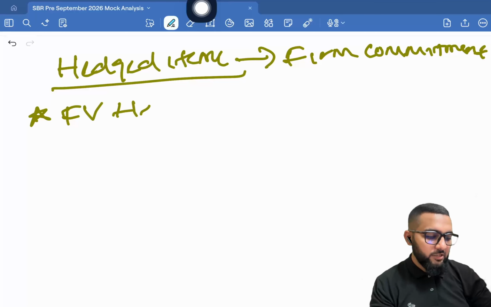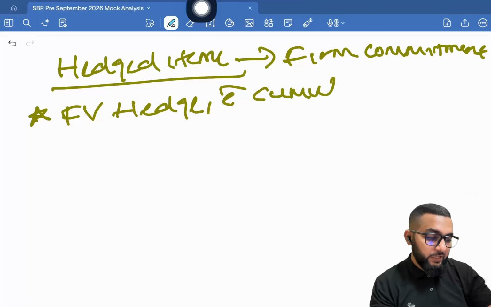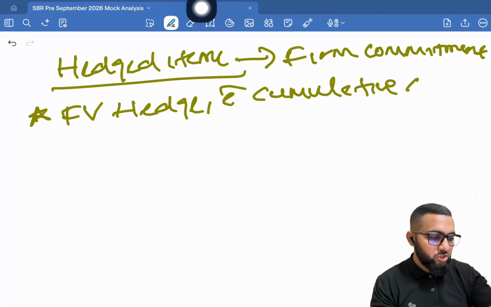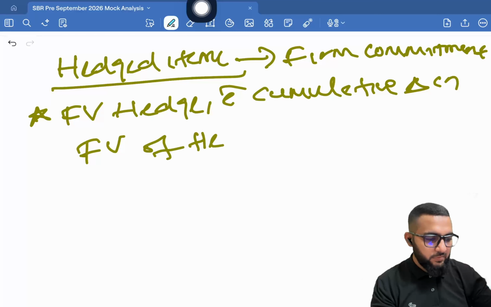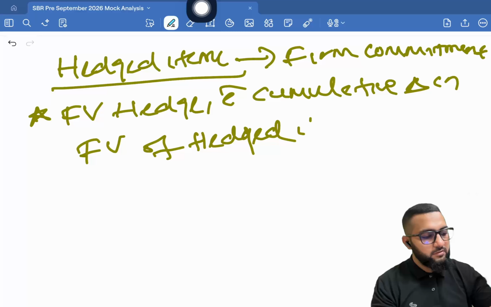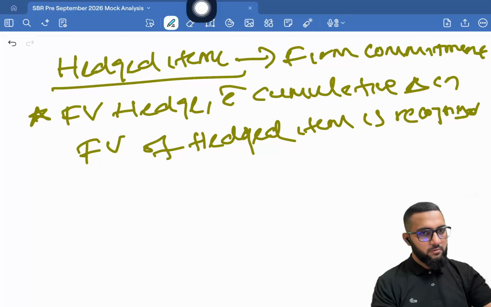In a fair value hedge, the cumulative change in fair value of the hedged item is recognized in the financial statements.